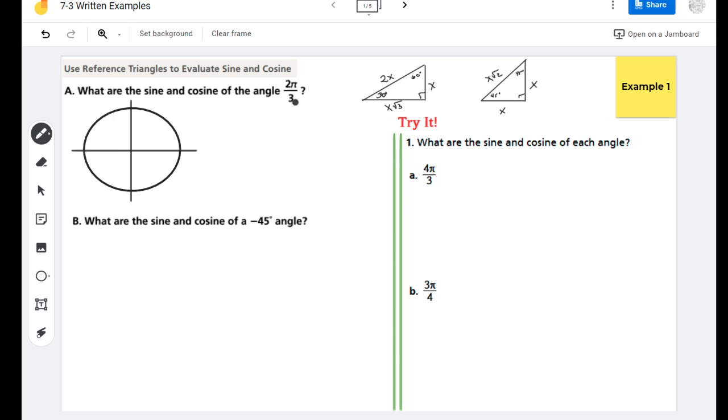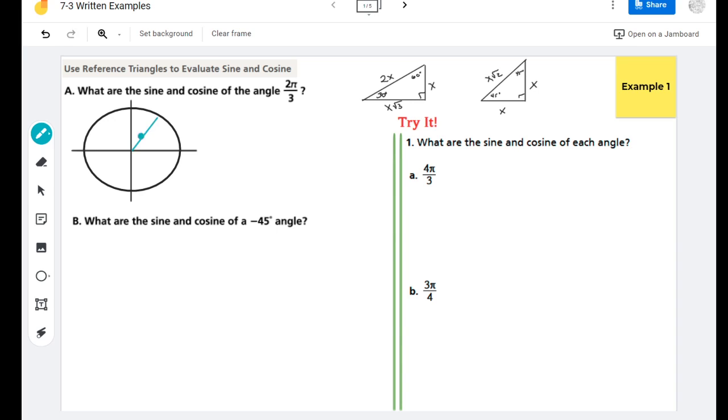Alright, so our reference angle here says 2 pi over 3. So remember, the top half of a unit circle is 1 pi. So if I'm finding 2/3 of a pi, I would be taking that top part and cutting it into 3 pieces.